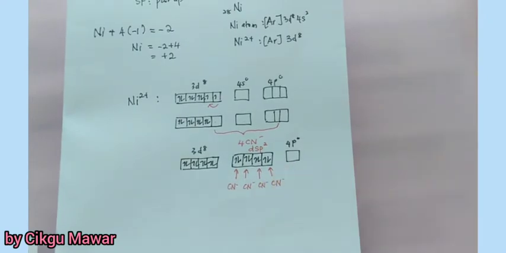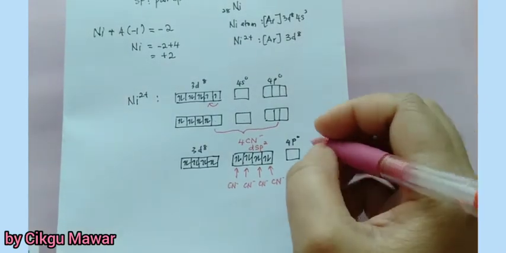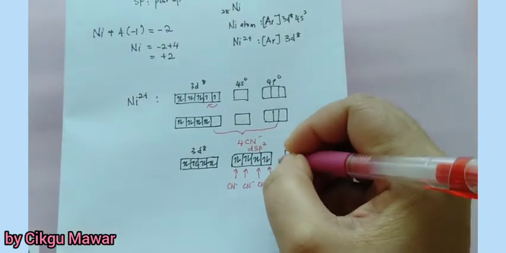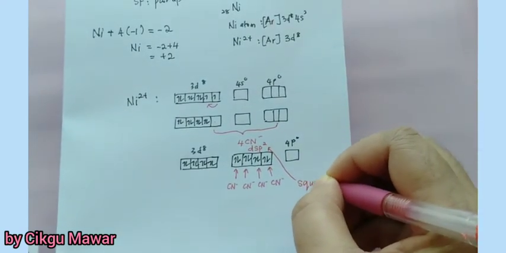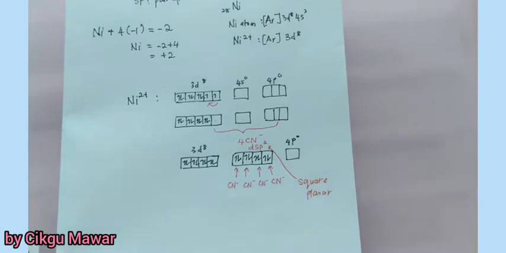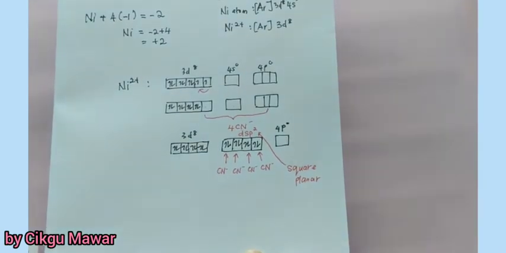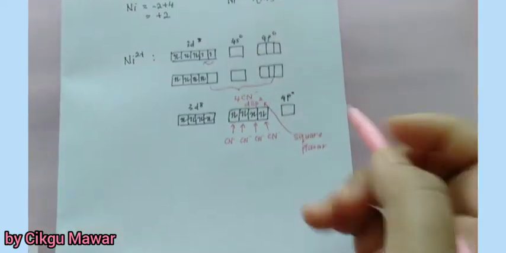Then we draw the orbital diagram. Refer to our notes: for this kind of orbital, dsp2 gives a square planar shape. Square planar shape. Now let's draw the structure. We have Ni as the central metal.